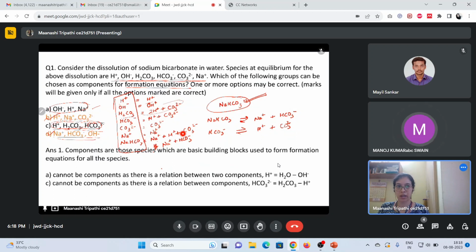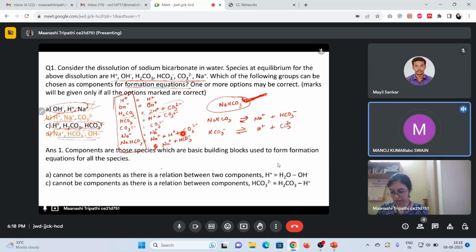See, if I am giving you a glass of water, I am putting sodium, OH and H plus, so there is no carbonate. Will you be able to work out this reaction? There is no carbonate. That's why option A is incorrect.